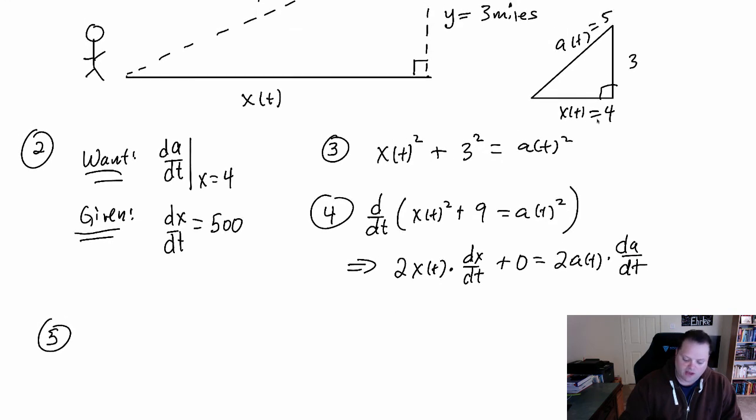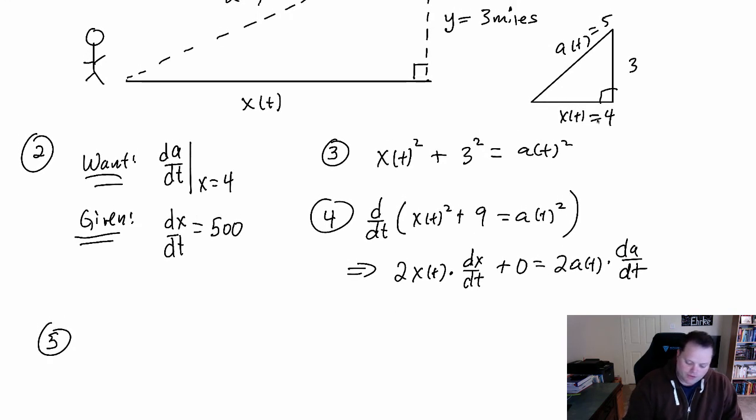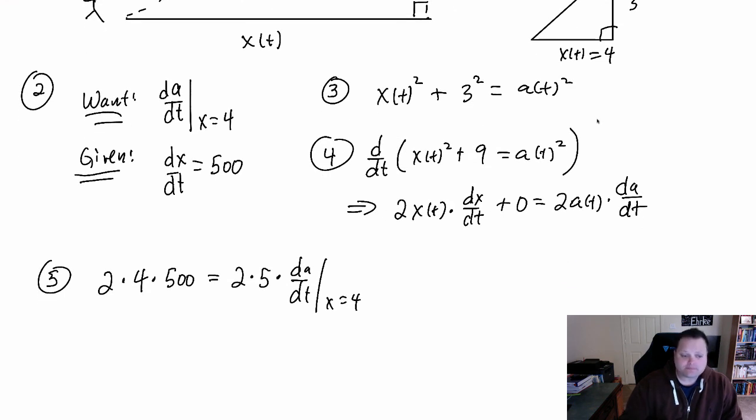So I think I have all the values I need. So plugging in the values, 2 times x is 4, dx/dt is 500, a is 5, and dA/dt when x is 4 is what I want to find.